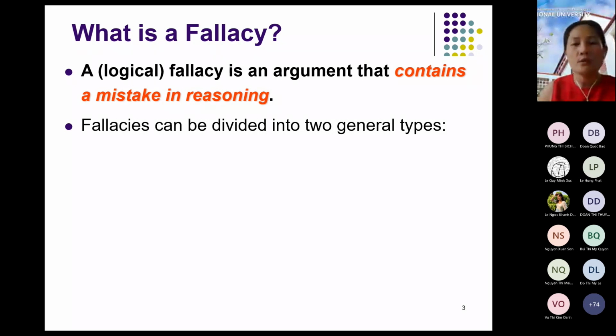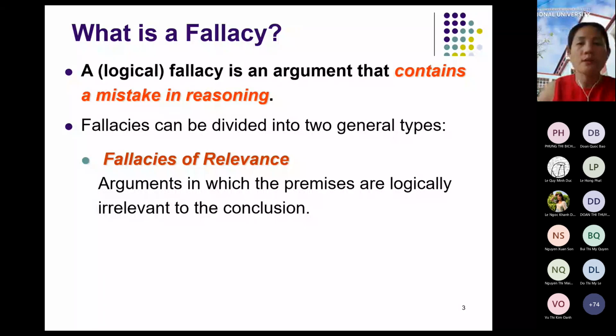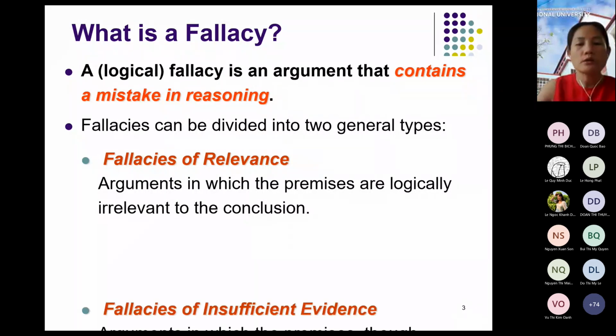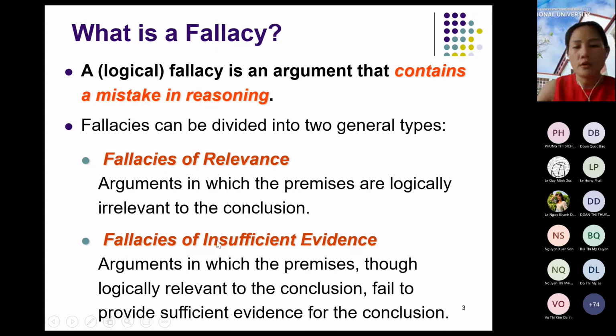Here we could see that we learned the first group of fallacies with this definition, and today we are going to learn the remaining group, which is the fallacies of insufficient evidence. When we learned the fallacy definition, we also learned the relations among the statements: whether they have a positive relevance relation, a negative relevance relation, or are logically irrelevant.